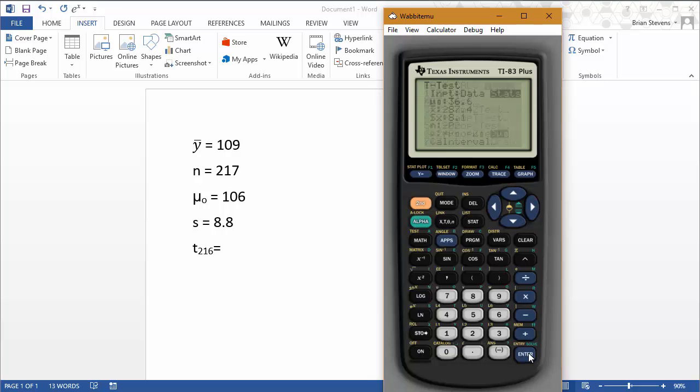So let's go to stat test, and let's enter it in. Our hypothesized mean, as you notice right there, is 106. So we hypothesize that to be true according to the null. Our sample mean, which is y bar, x bar, just different ways of writing the same thing, is 109. That is a difference of 3. Our sample standard deviation is 8.8, and our sample size was 217.